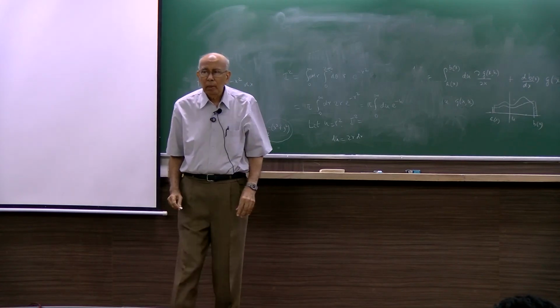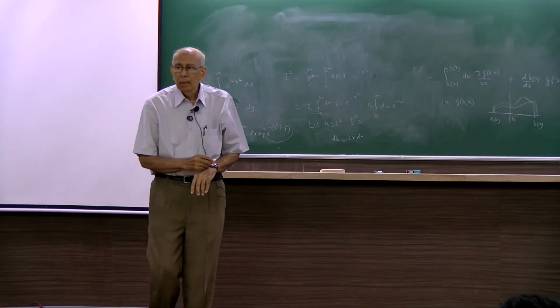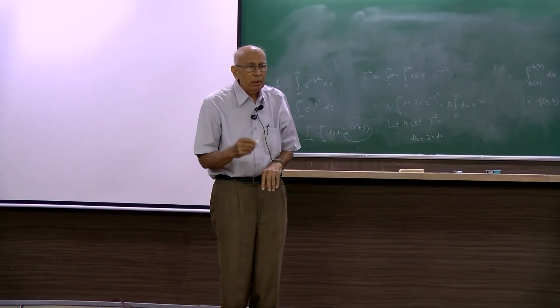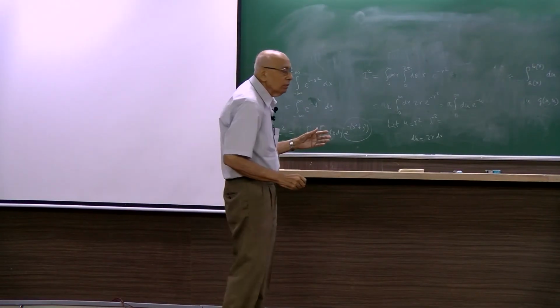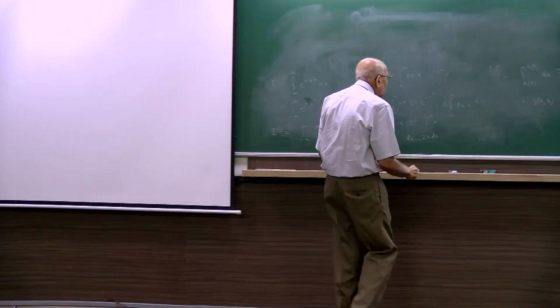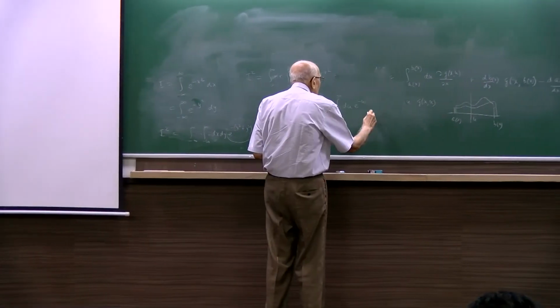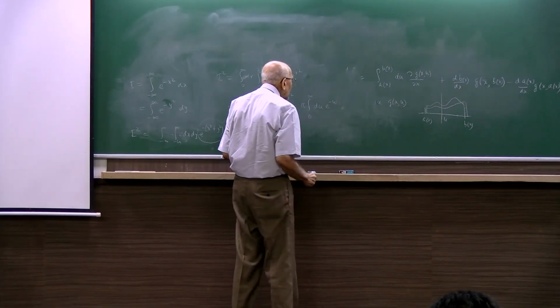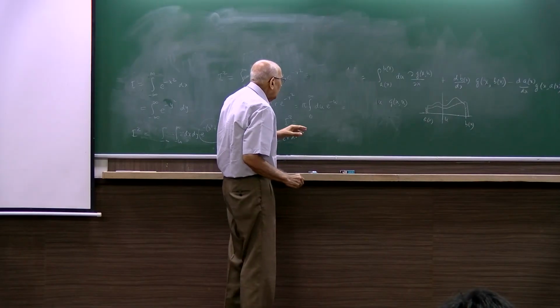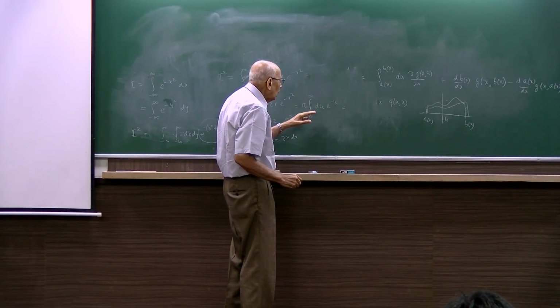What's integral e to the minus u? Minus e to the minus u, right? So what does this give you? Pi into minus pi into e to the minus u. Put the limits in first.